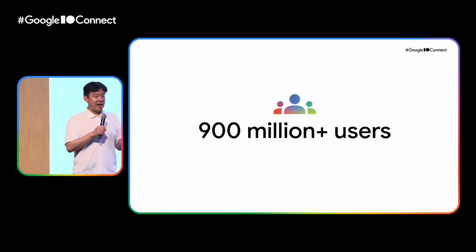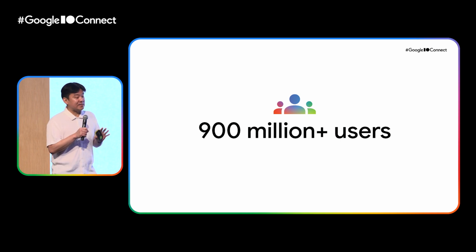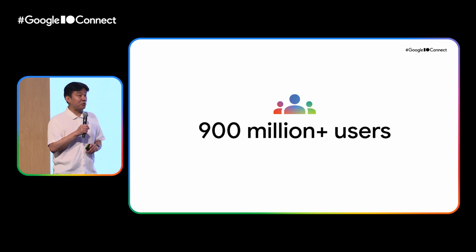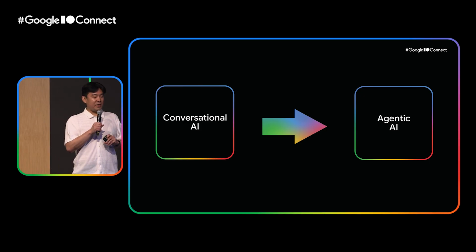The adoption of AI is moving incredibly fast. Our Gemini app just passed 900 million monthly active users. That is more than double the user base from just a few months ago. But we are already moving past simple chat interfaces. The next major wave in computing is agentic AI.